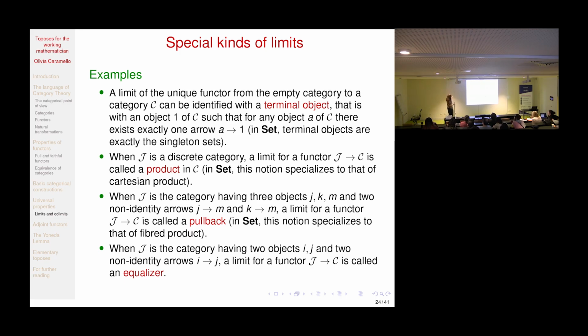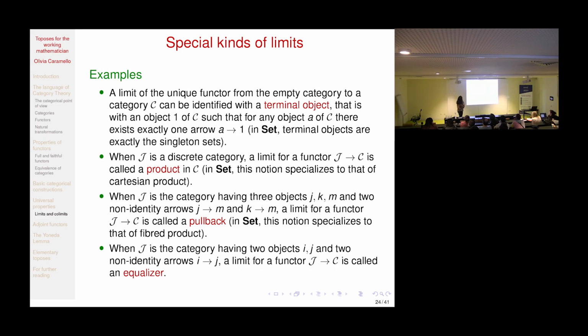So you see that the universal property that we talked about last time is just the particular case of the universal property of limit for this particular shape here.